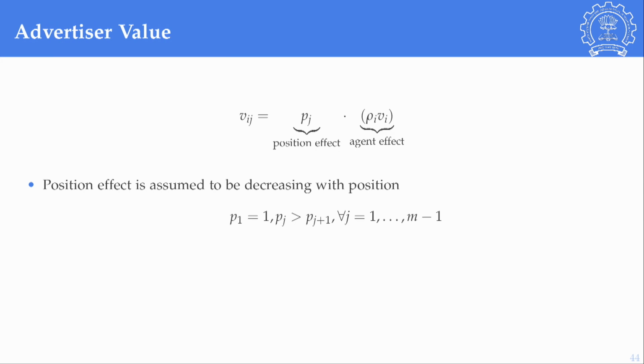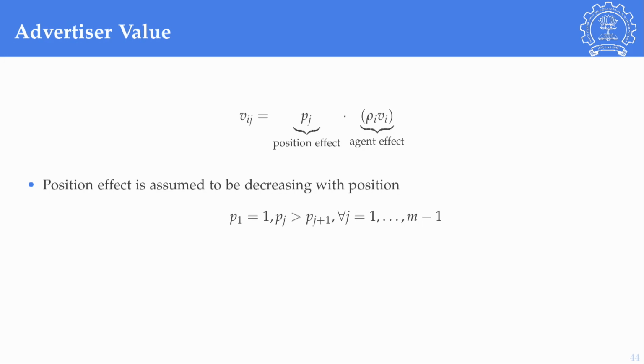Okay. So, now the rest of the things is quite self-explanatory, once we have this model of valuation of an advertiser i when his ad has been shown on the jth slot. We can also assume that this position effect is decreasing with position, which is very obvious to assume, and we are assuming strict.